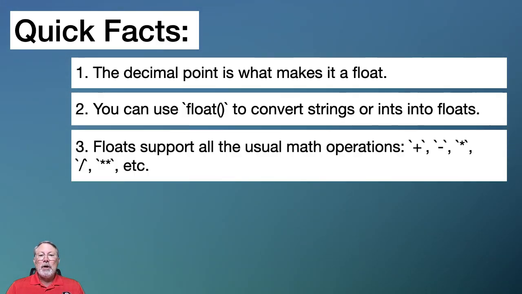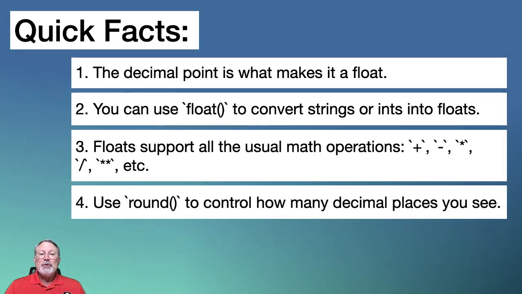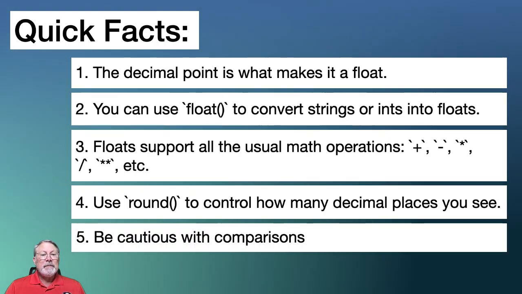Floats support all the usual math operations, such as addition, subtraction, multiplication, regular division, and powers. Use the round function to control how many decimal places that you see. And be cautious with comparisons. Because of rounding errors, equal may not always behave how you expect.